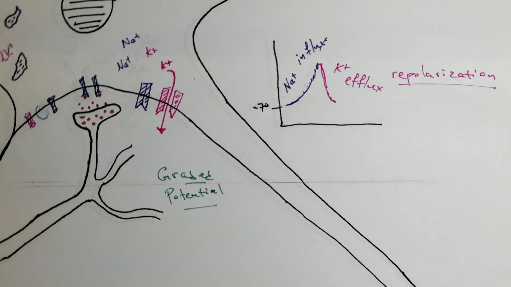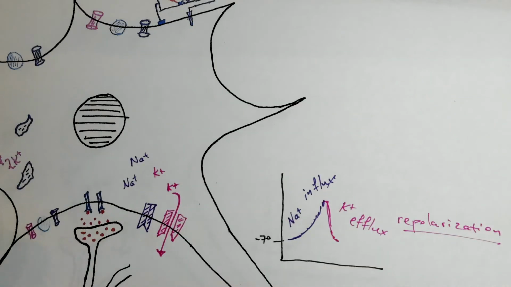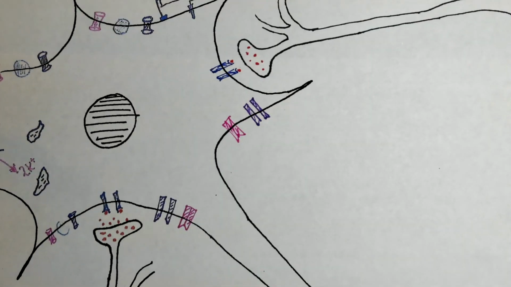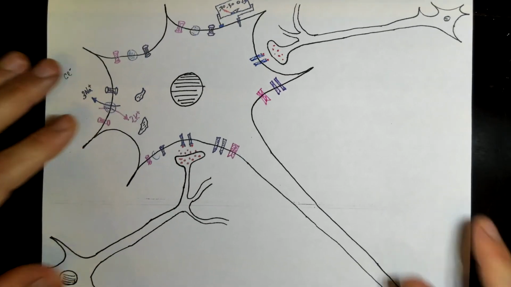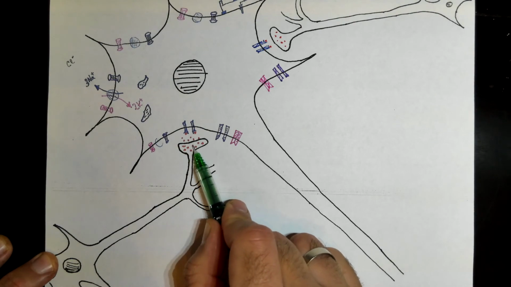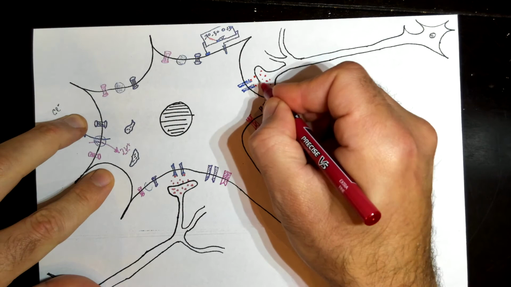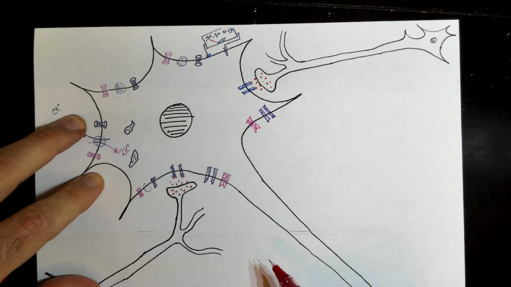However, let's bring in another presynaptic neuron. Let's pretend that now not only do we have this neuron down here releasing its neurotransmitter, but you also want to imagine another presynaptic neuron releasing its neurotransmitter somewhere else.